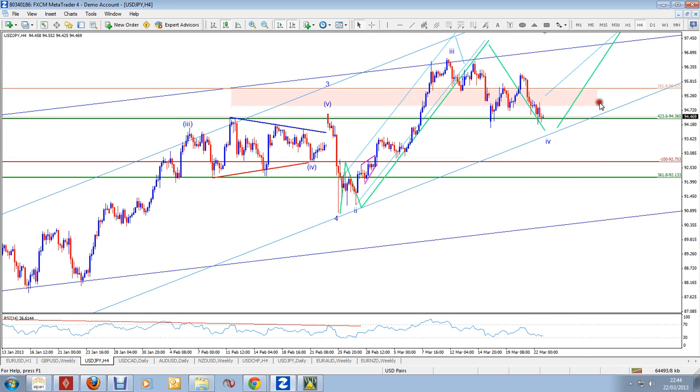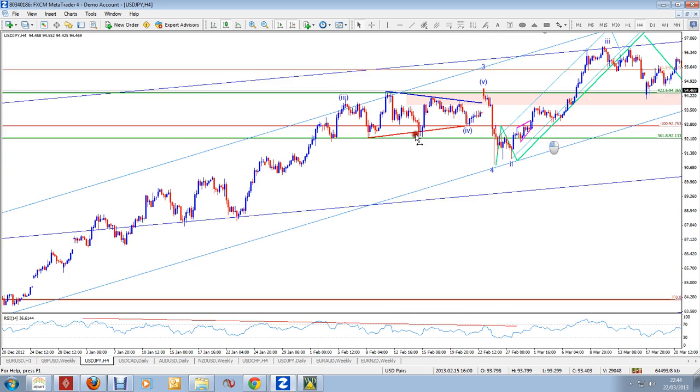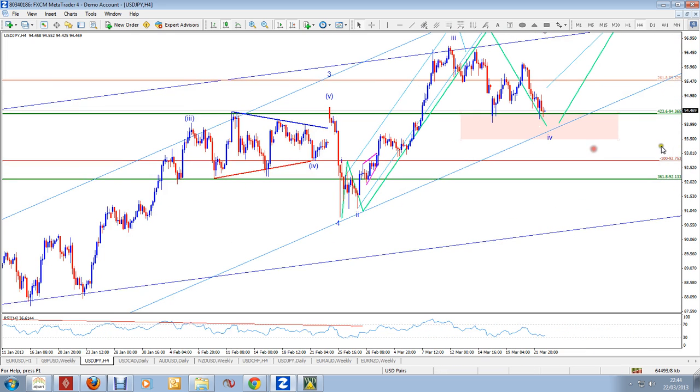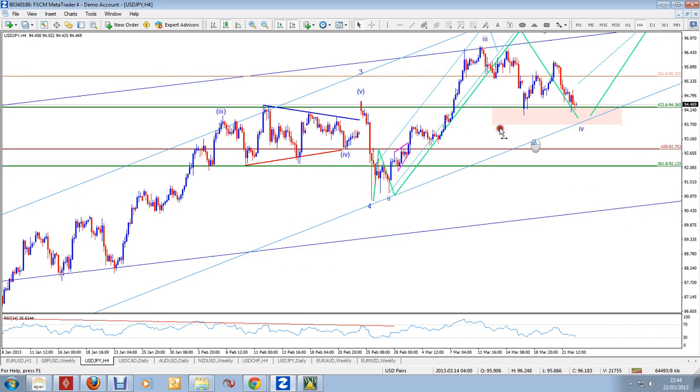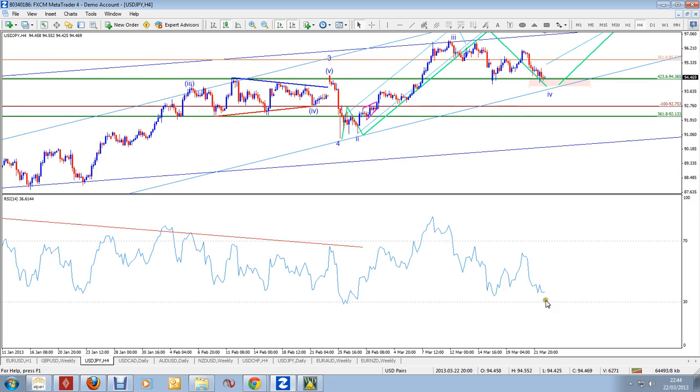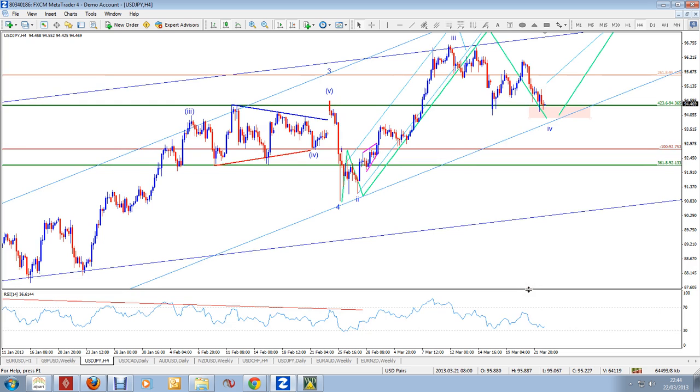So this one I do expect the dollar index, this US dollar yen, to drop back to the rising trendline support, and then possibly start, and in that case you can see on the RSI it's beginning to curl up. So I think we are there.